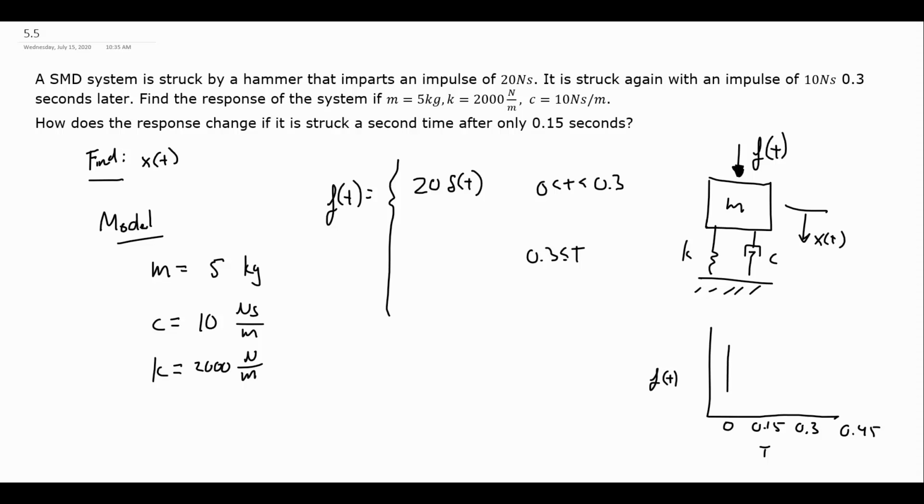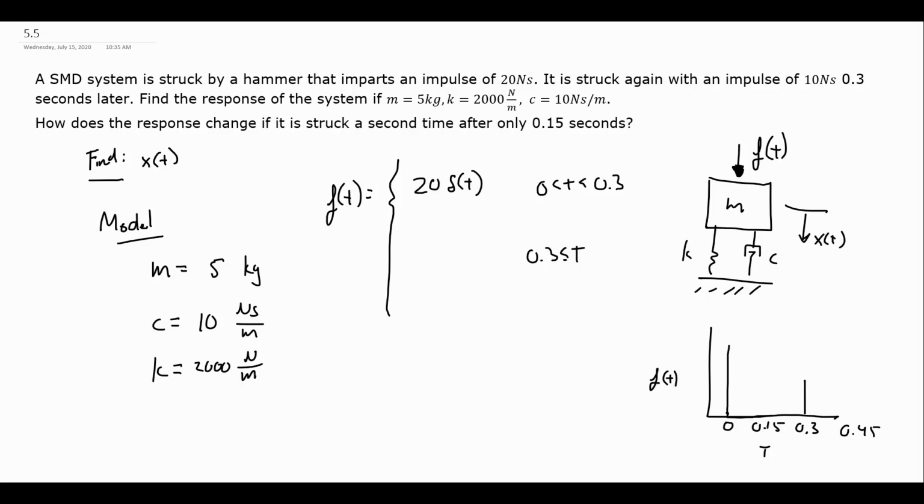At 0 seconds, we have this impulse, this instantaneous force, a change in momentum, and then no forcing is going to happen. And at 0.3, we're going to have another impulse. So an impulse is this instantaneous, infinitesimally short duration force that instantly changes our momentum.